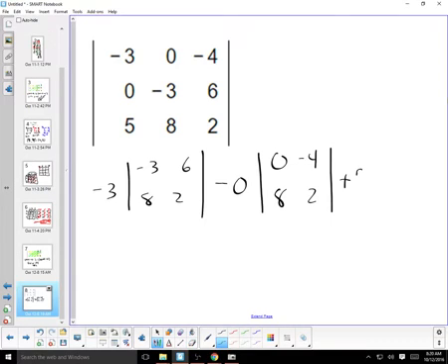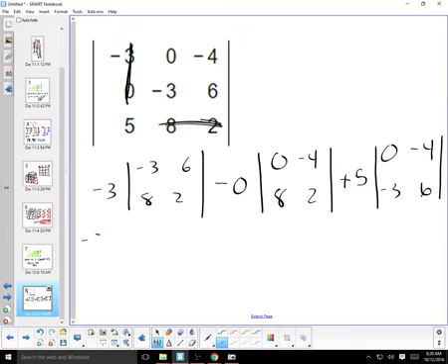So this time I'm going to start off with a 5. And if I get rid of the rest of that row and the rest of that column, I'm going to get 0, -4, -3, 6, correct? So now, going back to the front, it's going to be -3 times the -3 times the 2 minus 8 times the 6, just for the first part.